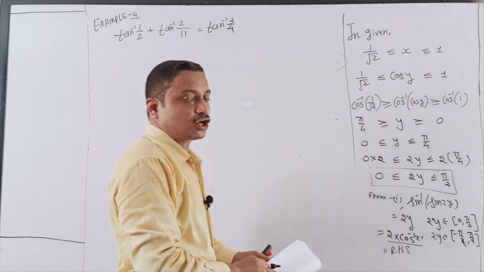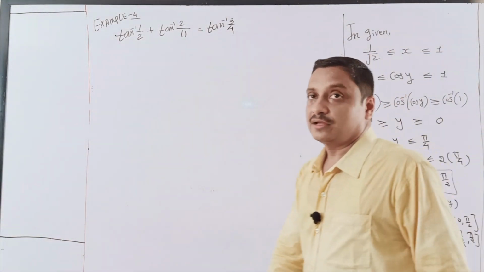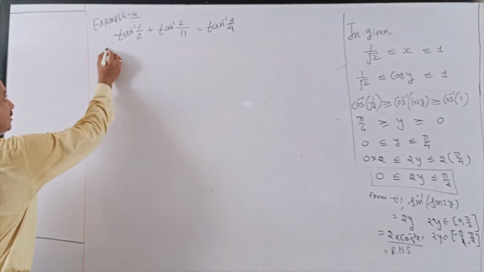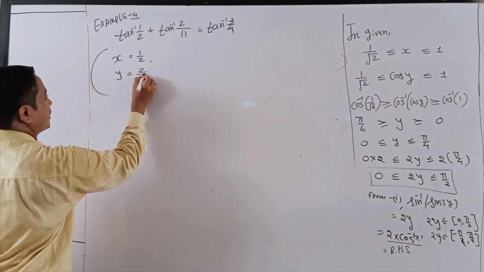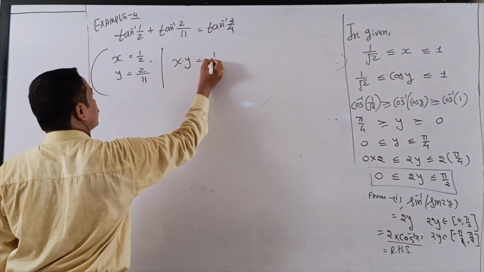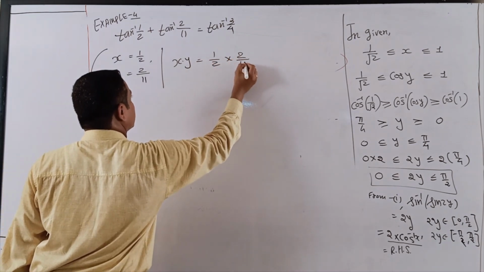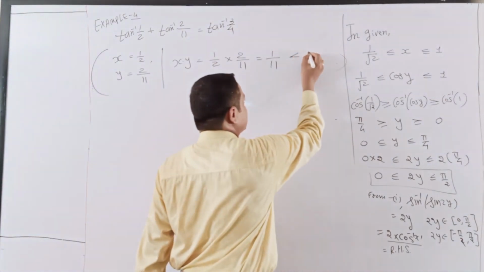Yes students, this theorem I already explained to you. Tan inverse x plus tan inverse y. But before applying it, you write down x is half and y is 2 by 11. So what do you get for x into y? Half into 2 by 11, which is 1 by 11. And sure, it is less than 1.